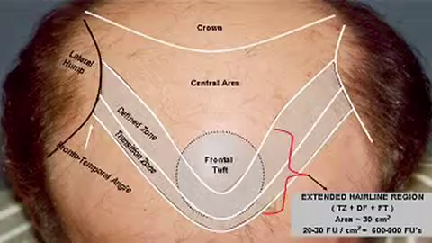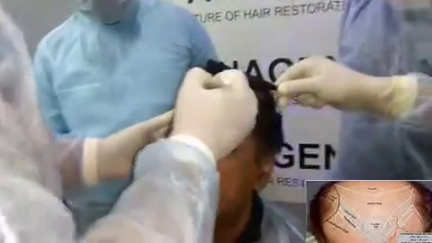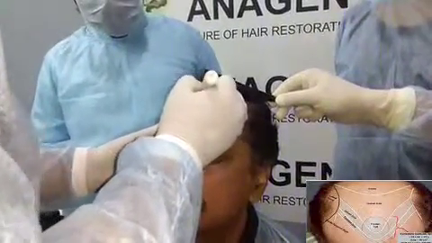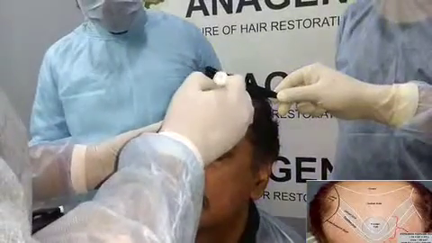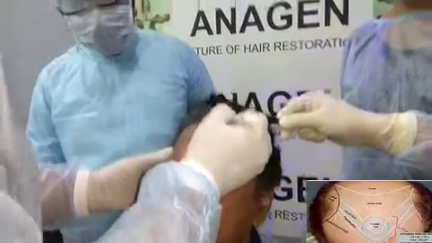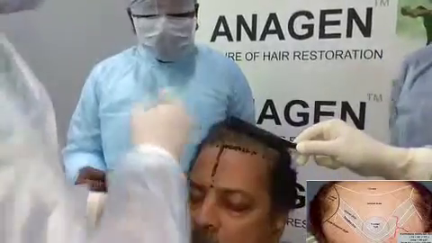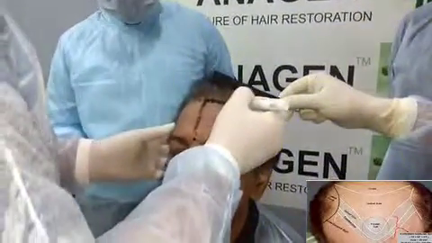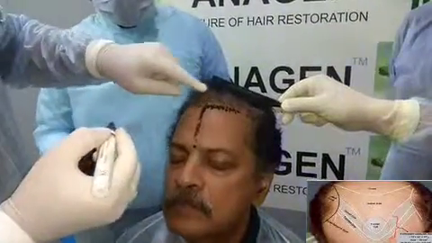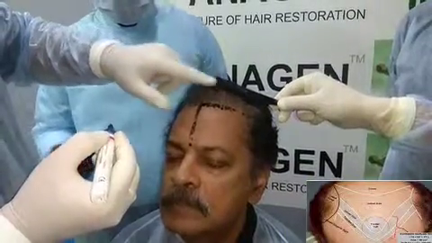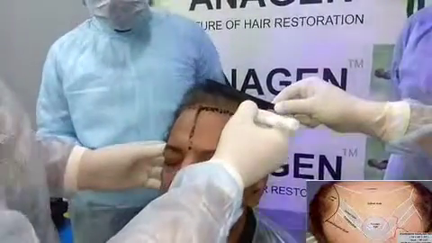In the transition zone, the hairline has to be very soft with fine hairs, singles, not much density. Then comes the defined zone with more density and maybe 1 or 2 follicles. Then comes the frontal tuft at the center of your scalp to give puffiness, volume, and density with 3 or 4 follicles.